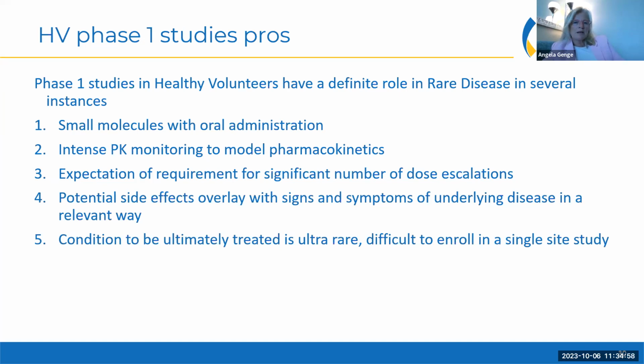So again, it's back to, in fact, efficiency, but using a healthy volunteer population allows you to get to your proof of concept phase of your trial relatively efficiently, whereas if you are developing a therapeutic for Fragile X syndrome, the time it will take is such that it becomes a very inefficient phase 1 program. Next slide, please.